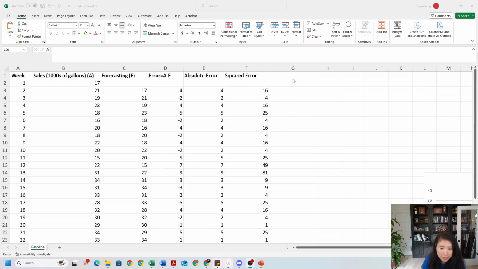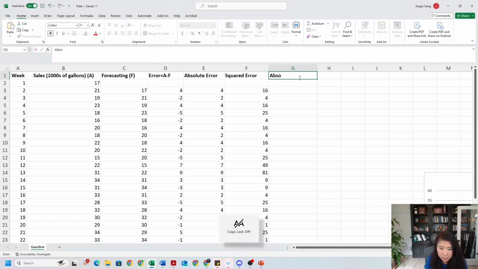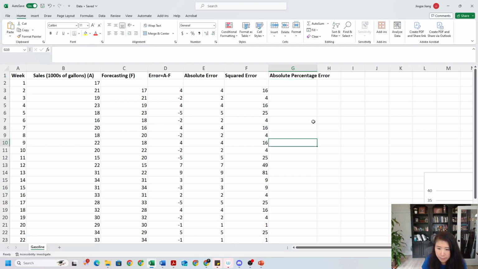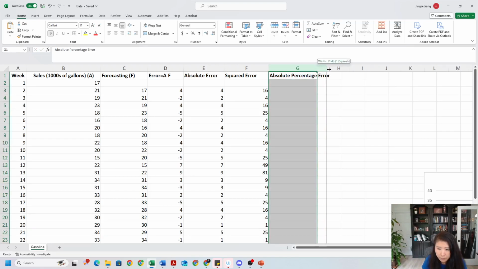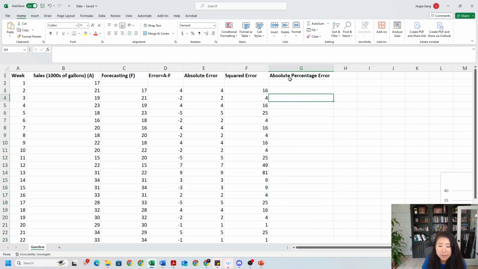In order to calculate this, we first need to calculate the absolute percentage error for each period. How is this absolute percentage error calculated?